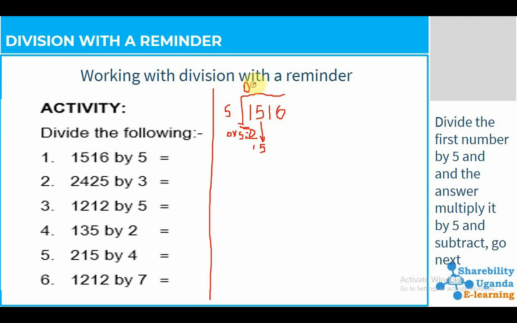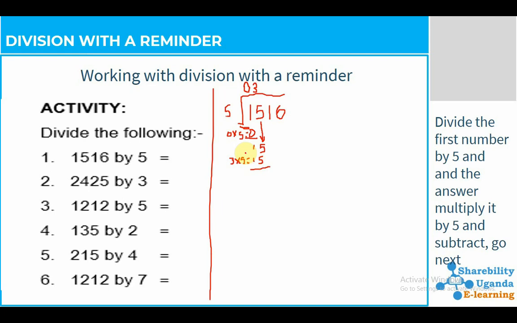Alright, we get a 3. And then we say 3 times 5, our answer is equal to 15.